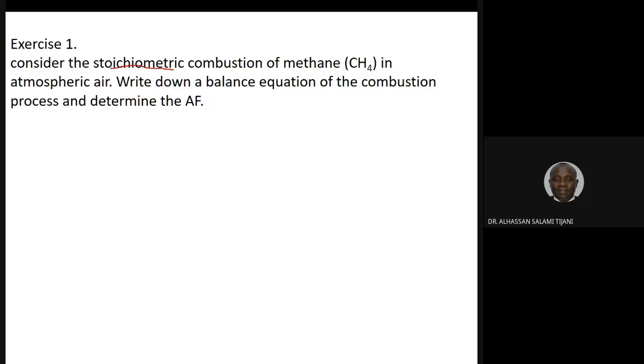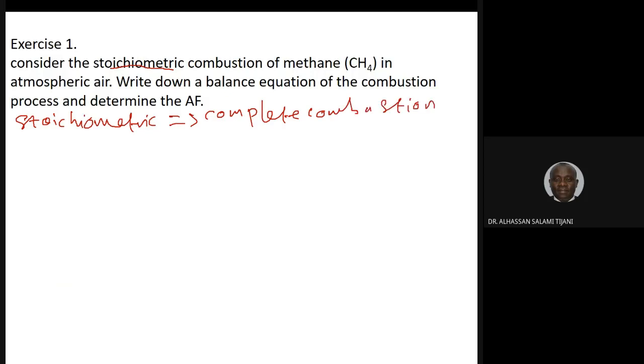The word stoichiometric implies complete combustion. If it is a complete combustion, then the chemical reaction will have CH4 plus air, atmospheric air.